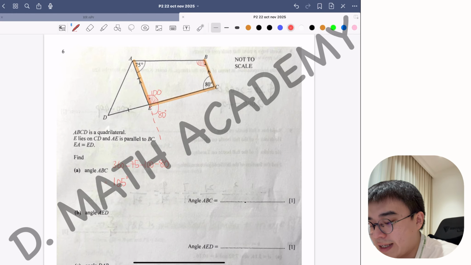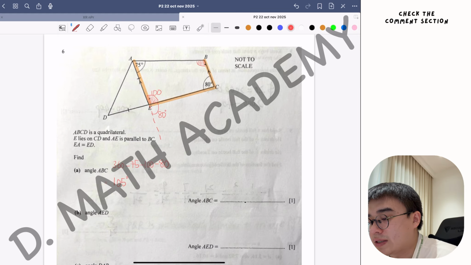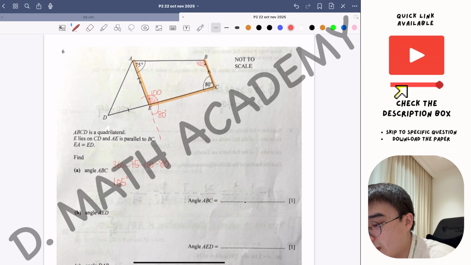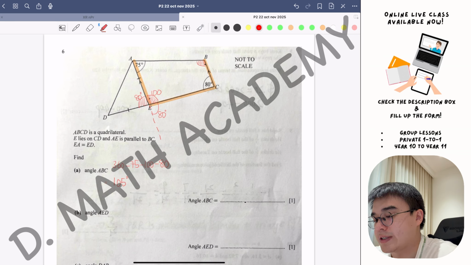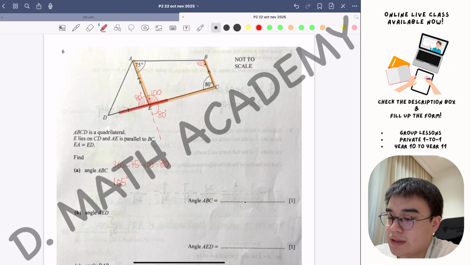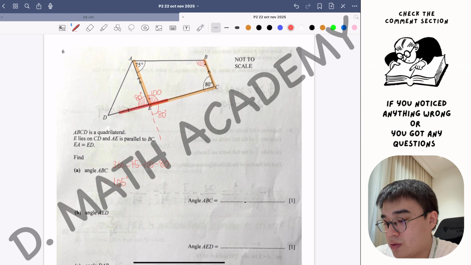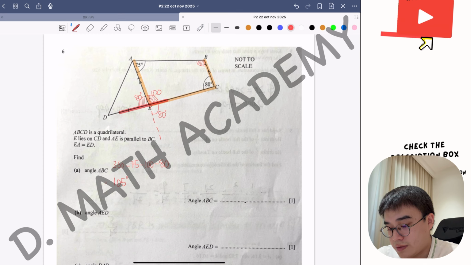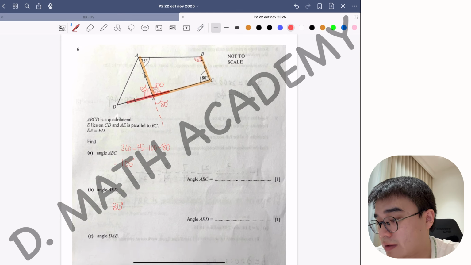Followed by AED, the value again will be 80 degrees, because it formed another straight line here, if you can see. From 80 degrees, it's a triangle now. So 80 degrees is the answer, followed by DAB now.